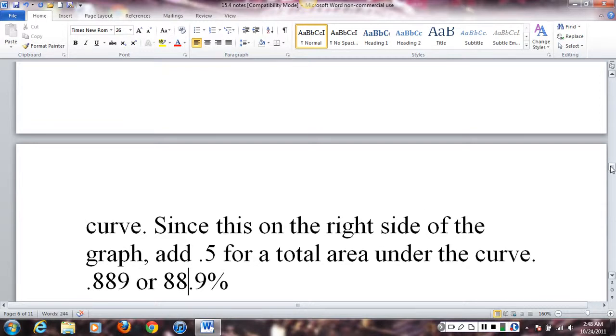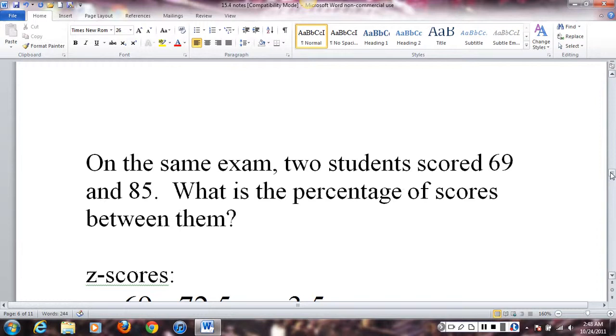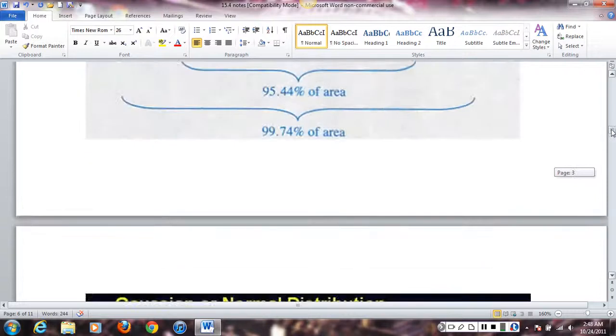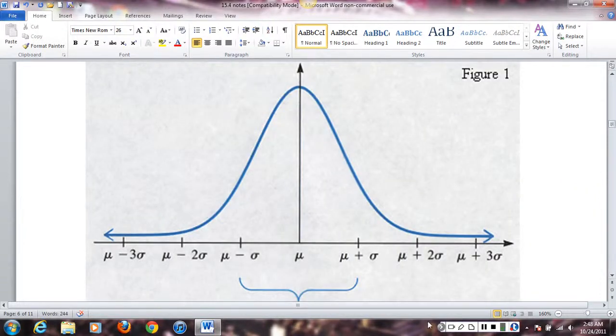Some other questions. On the same exam, two students scored 69 and 85. What is the percentage of scores between them? So what we're saying is, on this curve, somewhere the z-score for 85 falls right about here, we'll say, and somewhere the z-score for 69 falls right about there.